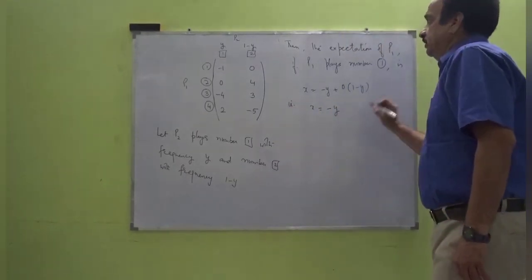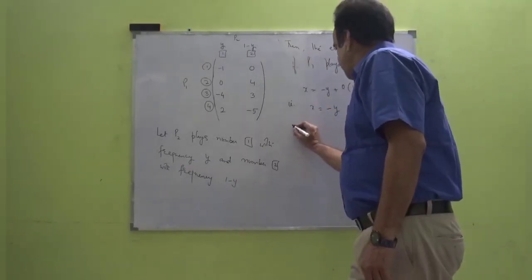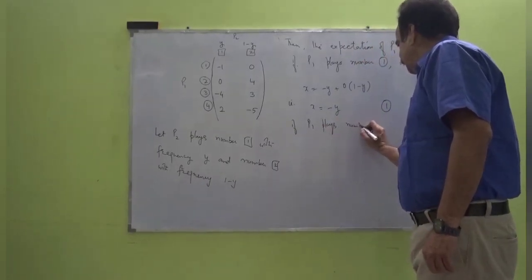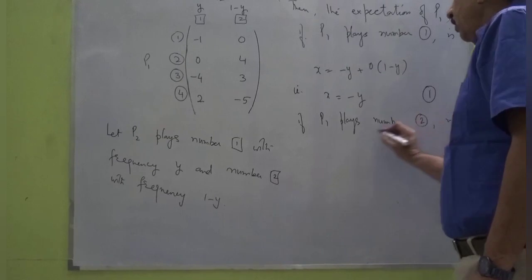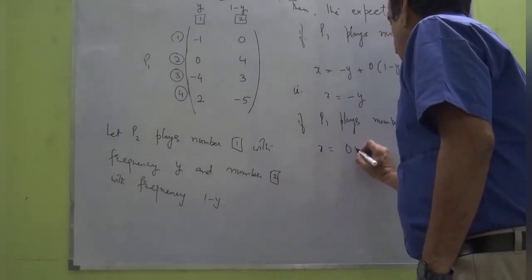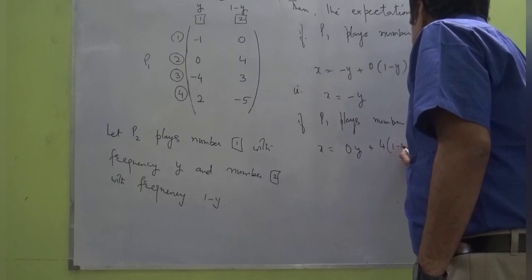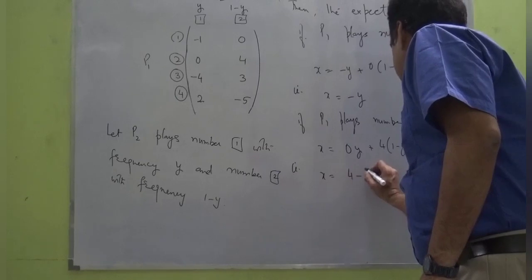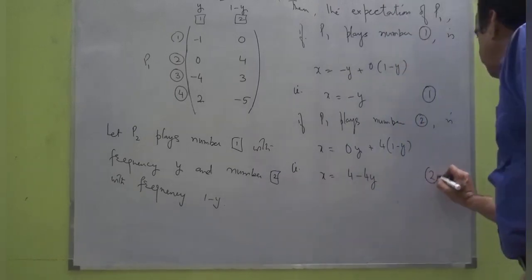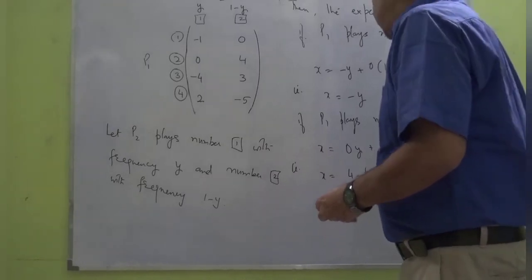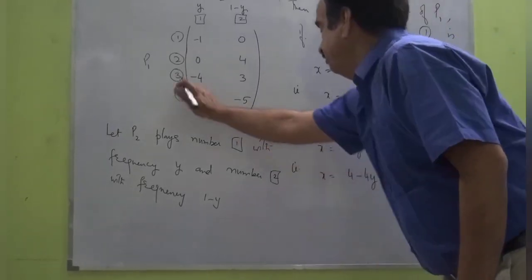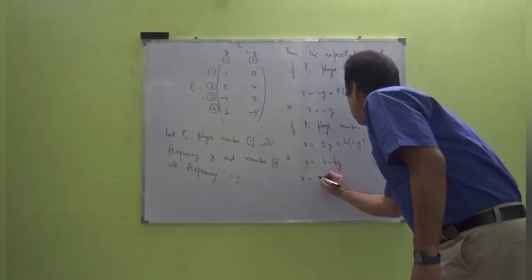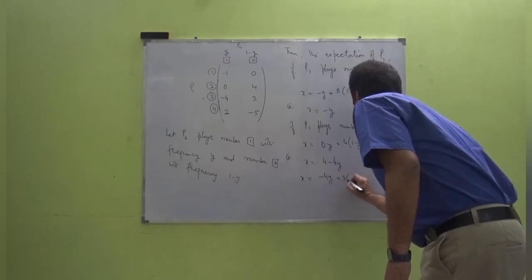Call it 1. The expectation of P1, if P1 plays number 2, is x equal to 0 into y plus 4 into 1 minus y. That is, x is equal to 4 minus 4y. Let's call it 2. Likewise, if P1 plays number 3, then the expectation of P1 will be minus 4y plus 3 into 1 minus y.